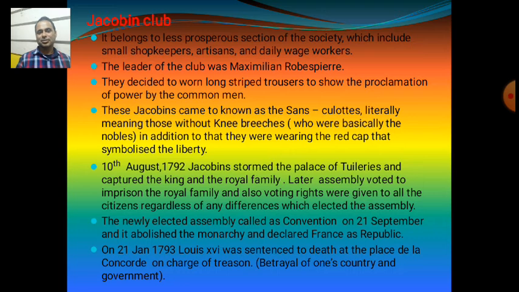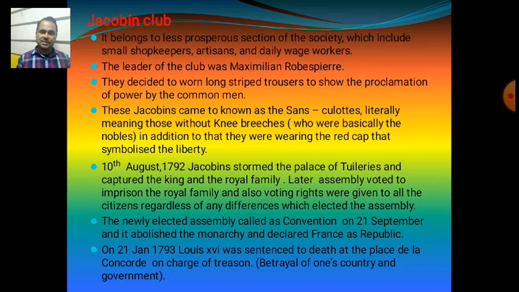Now, on 21st January 1793, Louis XVI was sentenced to death at the Place de la Concorde on the charge of treason. Treason means betraying one's country or government. As we have seen, Louis XVI entered into negotiations with the King of Prussia very secretly.